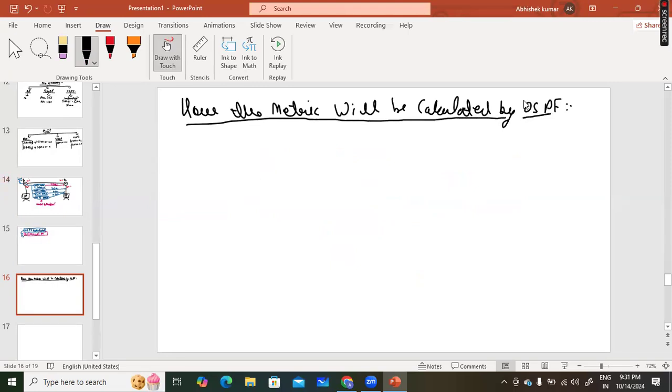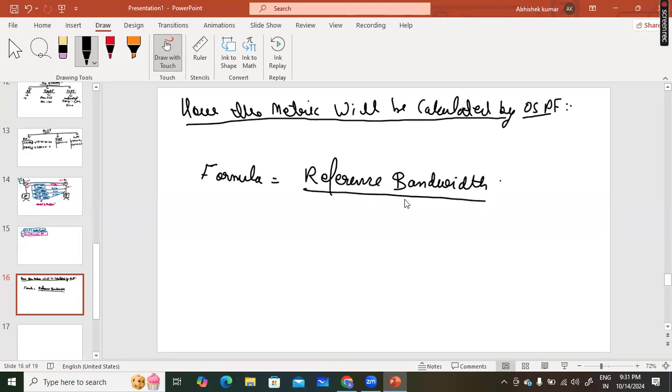Okay, so the formula for metric is reference bandwidth upon interface bandwidth.